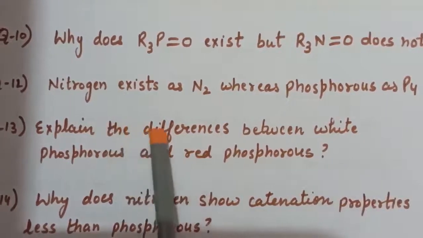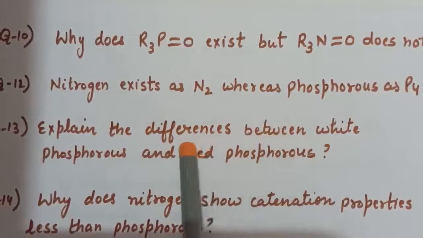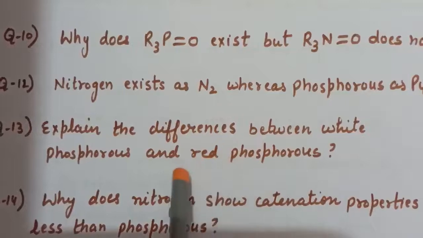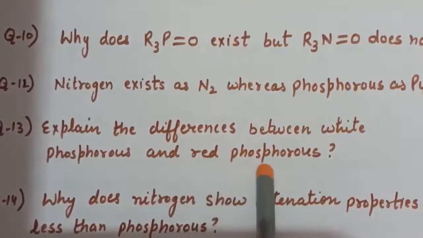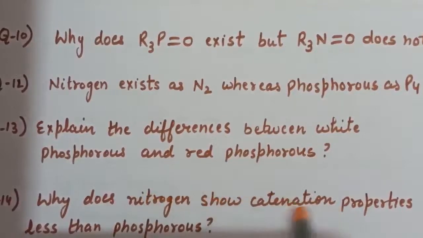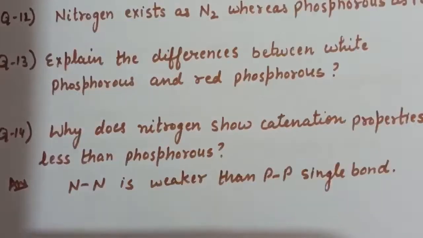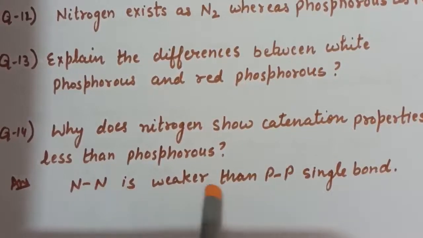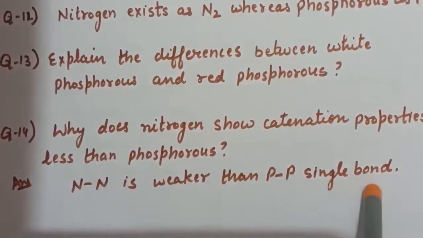Next question is, explain the differences between white phosphorus and red phosphorus. This question we have already discussed in the allotropic forms of phosphorus. Next question is, why does nitrogen show catenation property less than phosphorus? And the answer is, the nitrogen single bond is weaker than the phosphorus single bond.